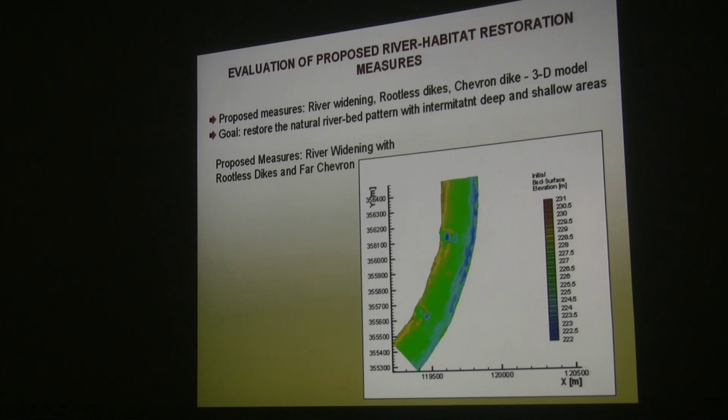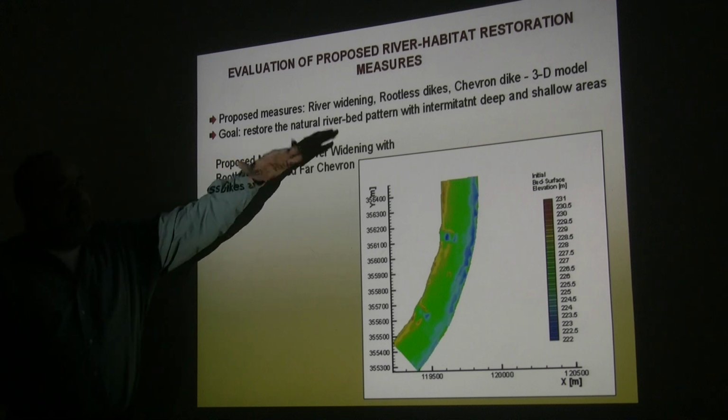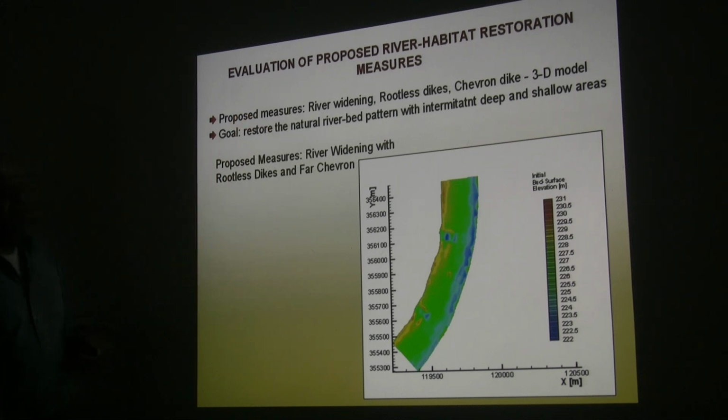It's practically a channel, which does not suit whatever lives in that river, or used to live in that river, things like fish and crustaceans and other living creatures in the river. They don't like a channel type, they like a river environment which has intermittent deep shallow areas, etc.